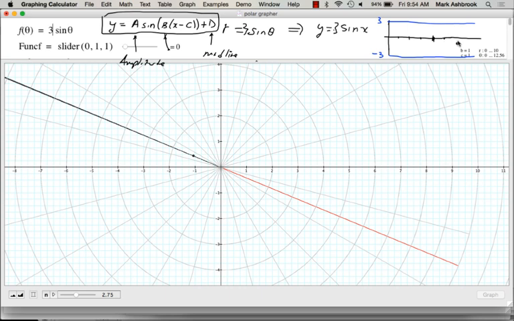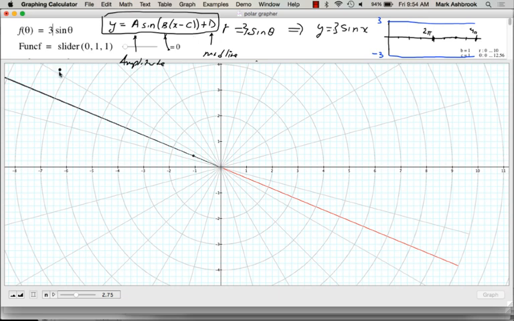So I'm going to draw 2 periods here. So that's 2 pi, and that's 4 pi. So we're going to sketch 2. So is b the new period? It's not the new period.